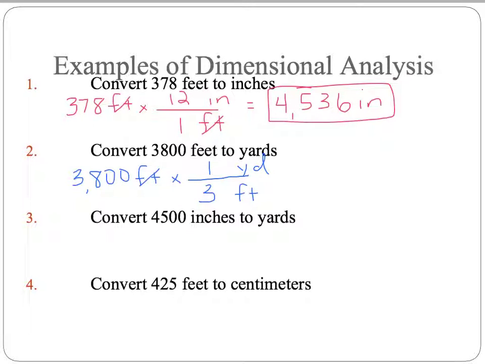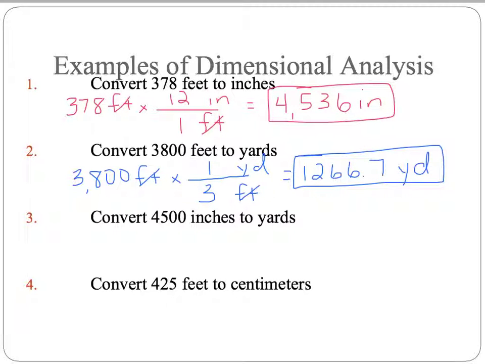So the feet would cancel, and this time I would need to take 3,800 times 1 divided by 3, or just say 3,800 divided by 3. Again, that is a fraction. So when I divide that, I get 1,266.7, and I have converted this to yards.